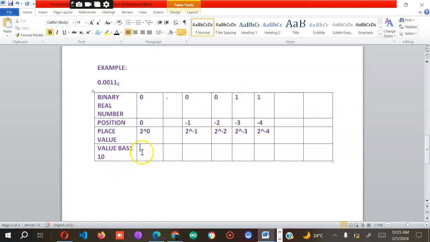When you expand, this gives you 1, 0.5, 0.25, 0.125, and 0.0625.